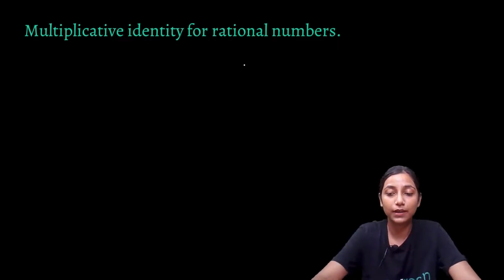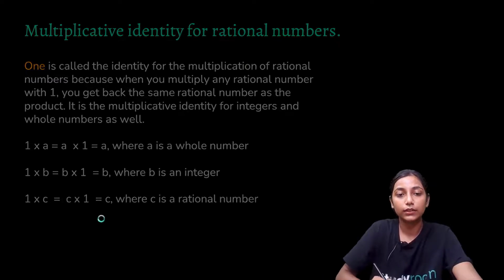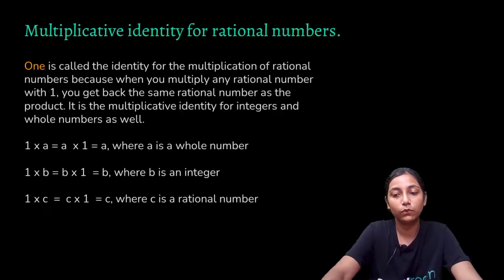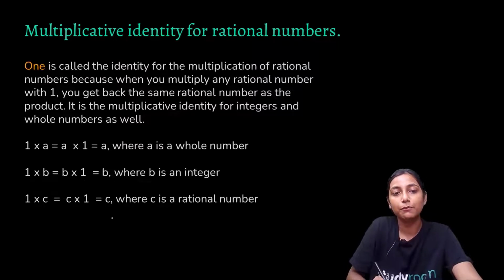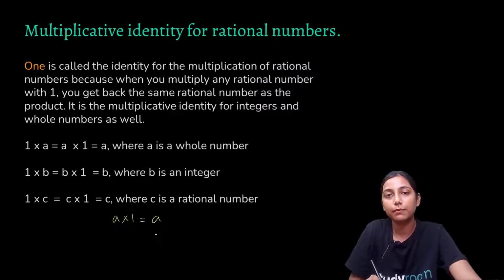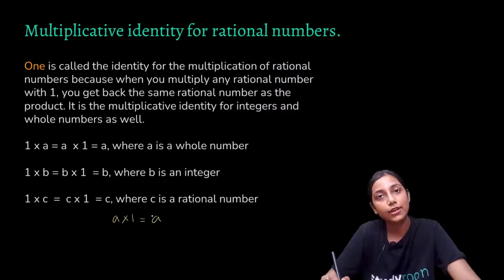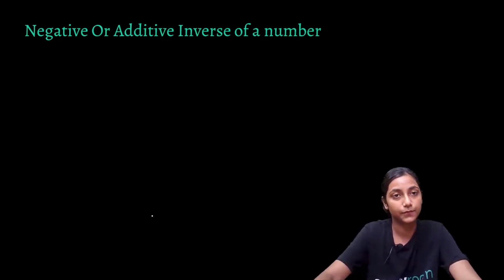But in the case of multiplication, our multiplicative identity came to be 1. Why is that? Because if we multiply any number with 1, or if 1 is multiplied with any number, what do we get? We get the same number, and that is why 1 is said to be the multiplicative identity for all the rational numbers, for all the integers, as well as the whole numbers.